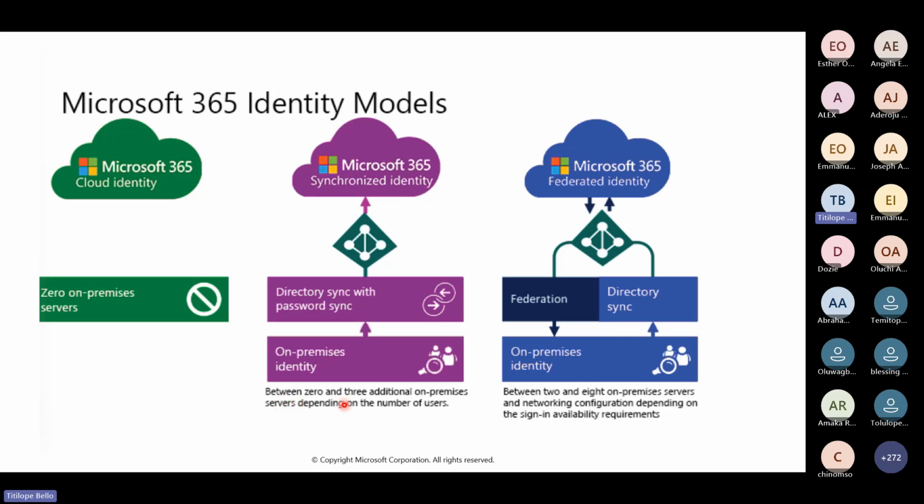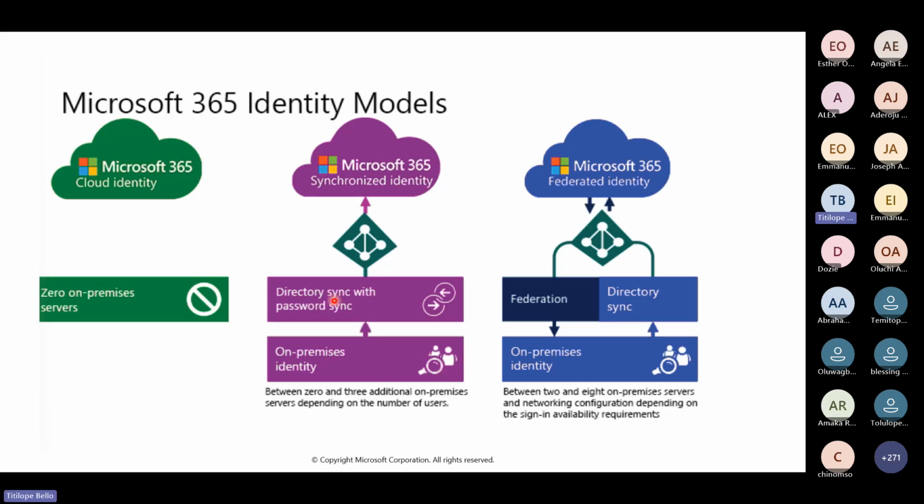So it's like between 0 and 3 additional on-premises servers. What it means is, if you go with this approach, there's no investment, only your cloud. But this approach requires you to set up another server different from your on-premises Active Directory domain services server, right?